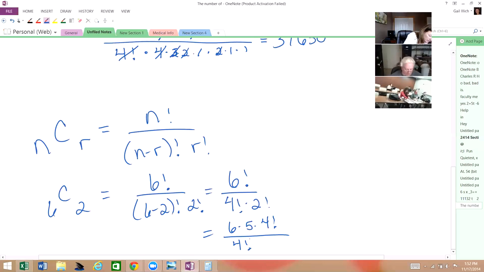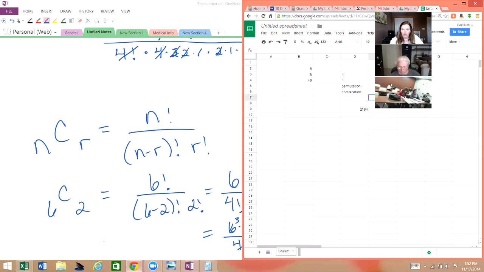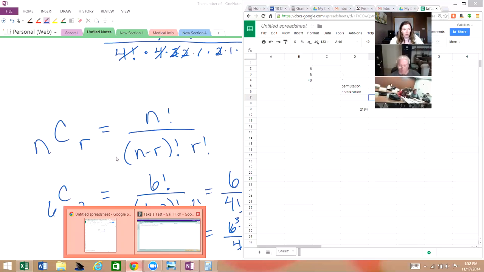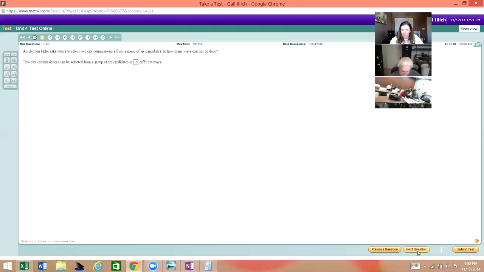Cancel the 4 factorials. And this is 2 times 1, right? Goes into 6. And so I do get 15. Make sense? Oh, yeah. Is that what we got with the Google spreadsheet? Yes. Okay, good.